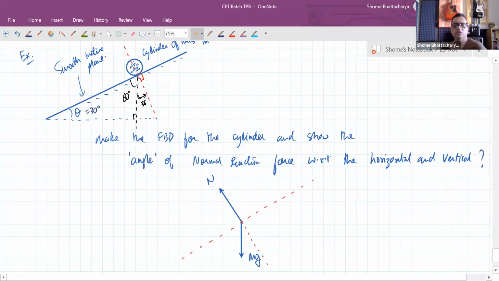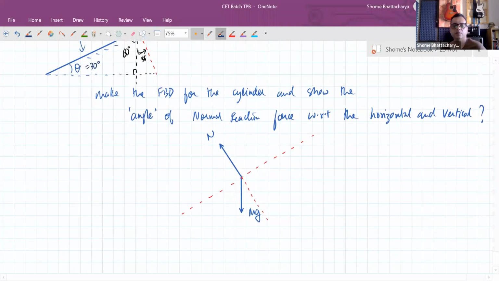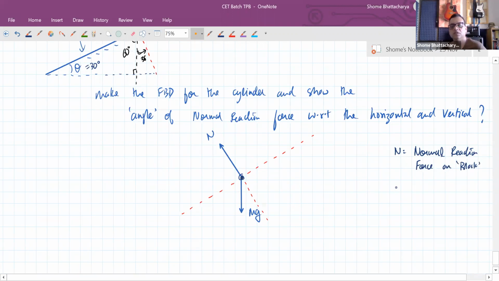Okay. So that is what becomes important in the free body diagram. Okay. So in the free body diagram, N is the normal reaction contact force on the block applied by the surface. Mg is of course weight.